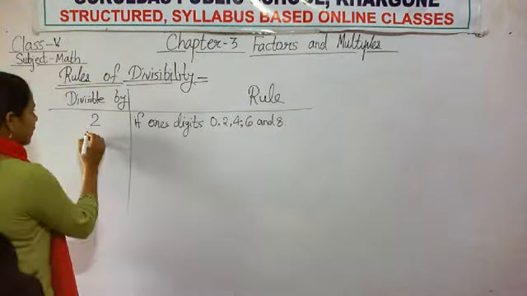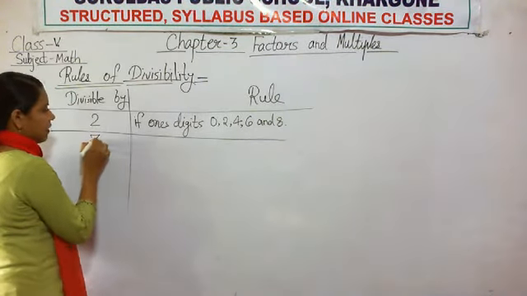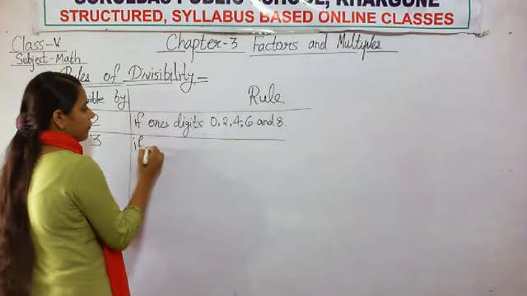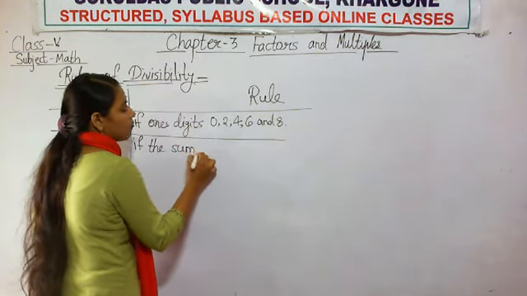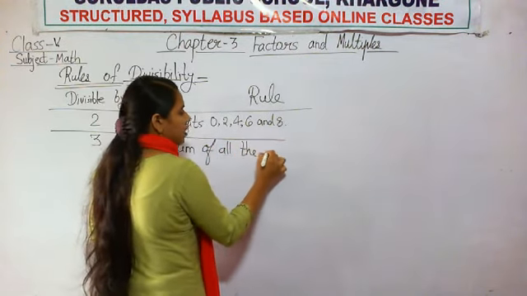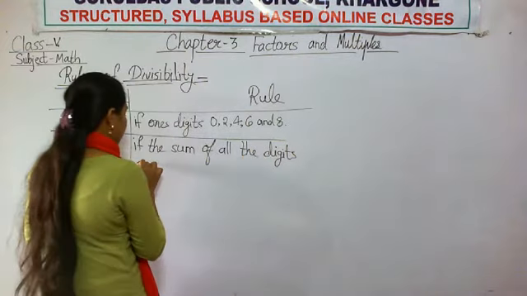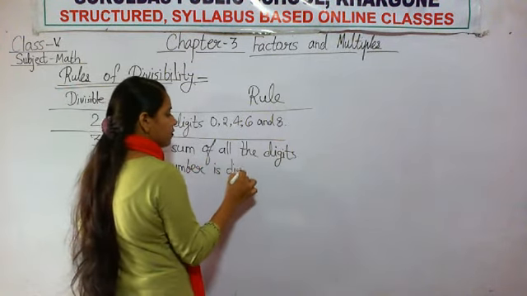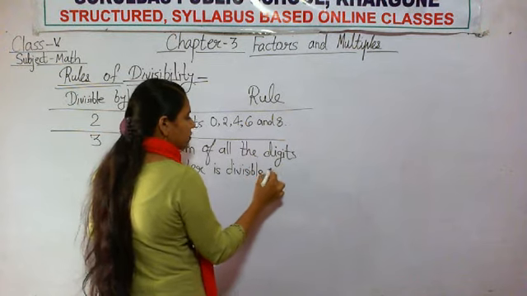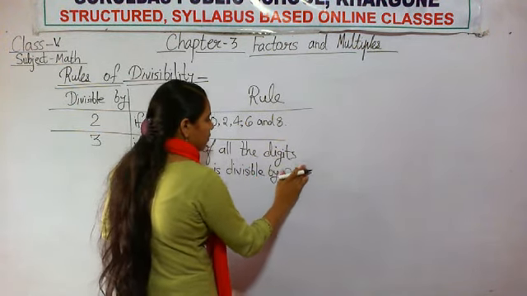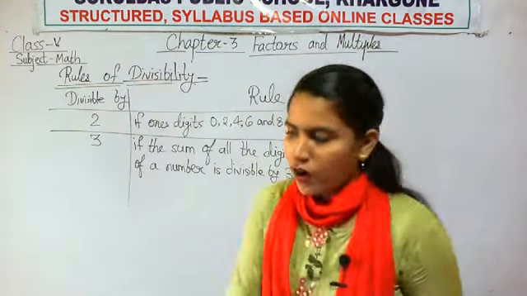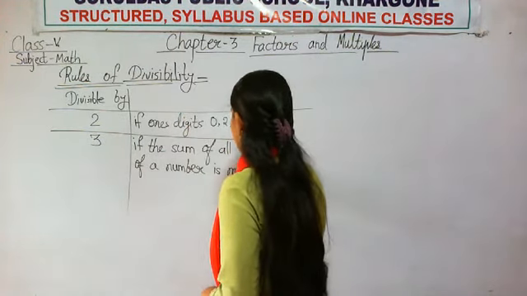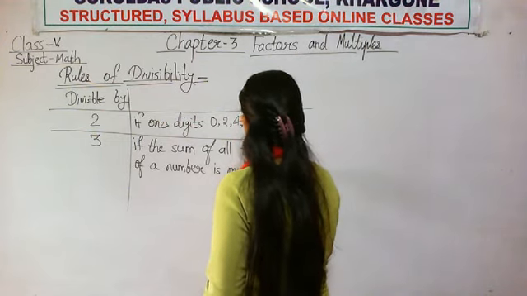Now, divisible by 3. If you want to check whether any given number is divisible by 3 or not, then what is the rule?